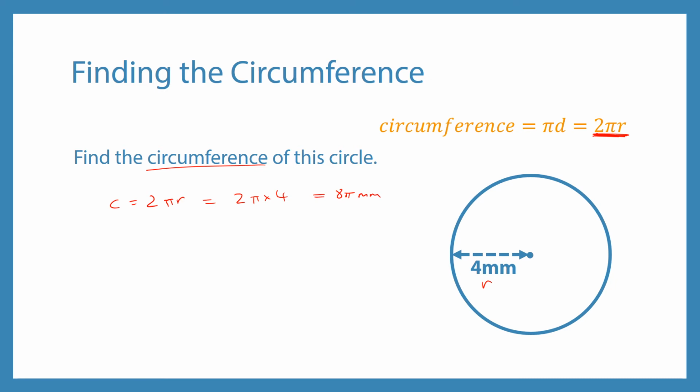We could leave that in exact form of 8 pi millimeters. We could find approximately, it's going to be 8 times 3, so 24 millimeters. Or we could find to 2 decimal places, and we're going to get 25.13 to 2 decimal places.